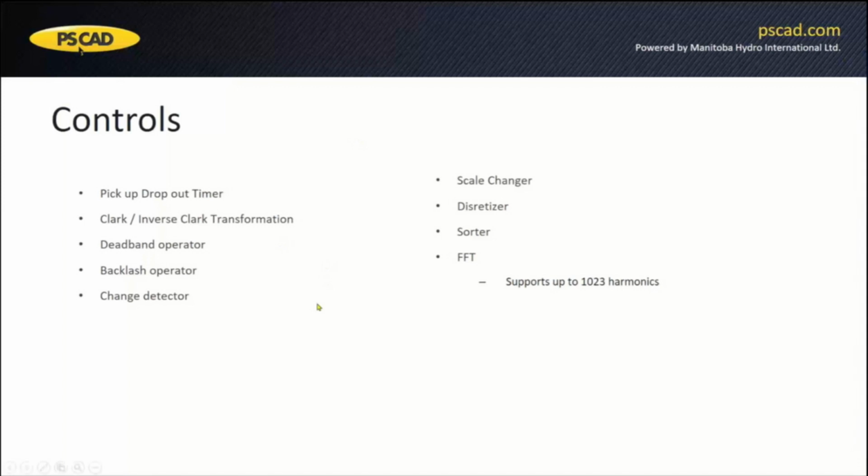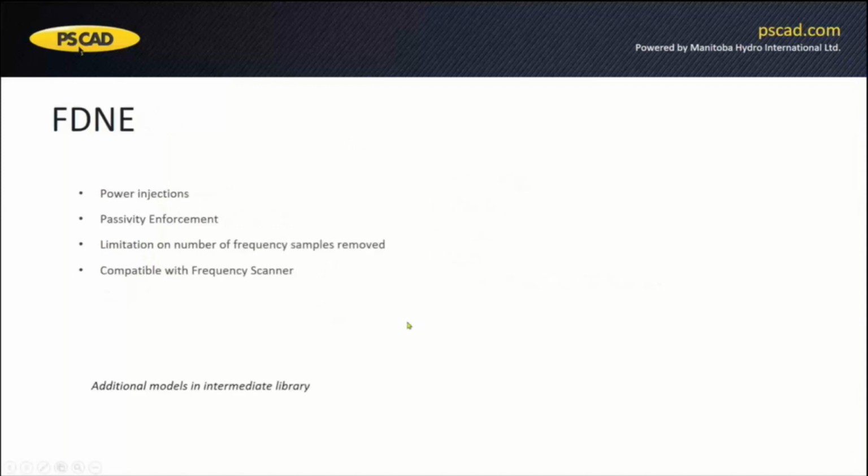What I would like to show is the FDNE component. The FDNE component is improved, so that now it has power injections enabled. So it's not just giving the equivalent network.